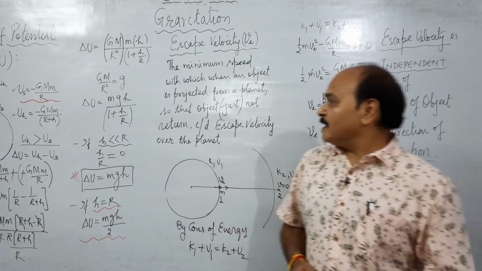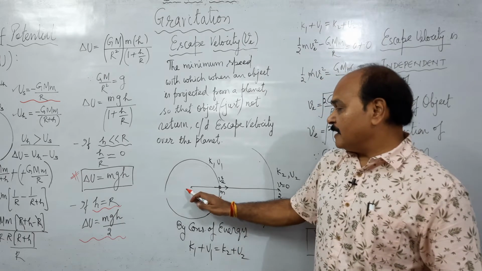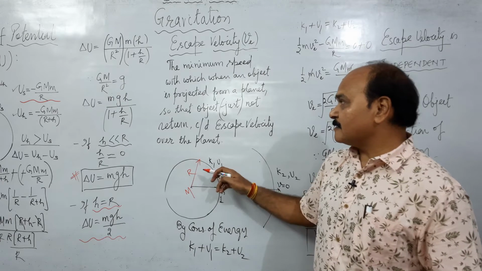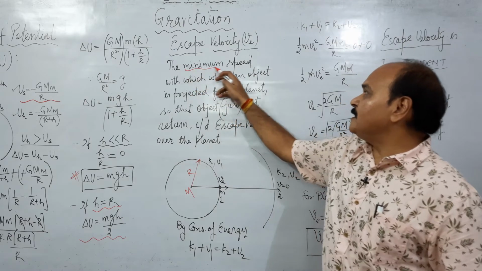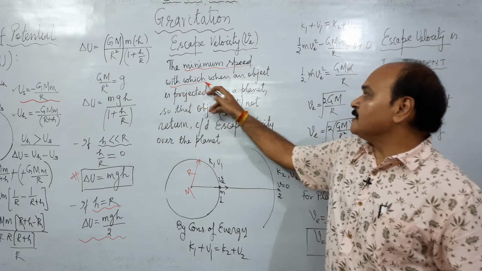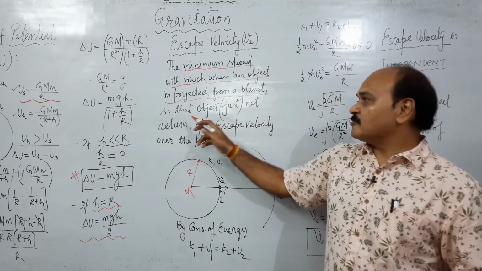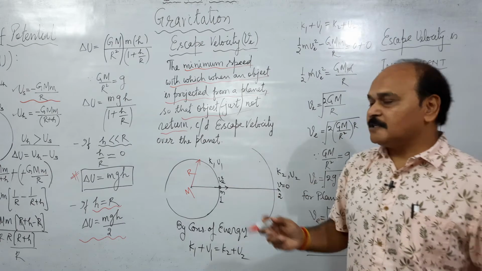Well, what is escape velocity over, say, a planet of mass m and radius r? This is a planet of mass m and radius r. So escape velocity, the minimum speed with which, when an object is projected from a planet, the object just does not return, is called escape velocity over the planet.